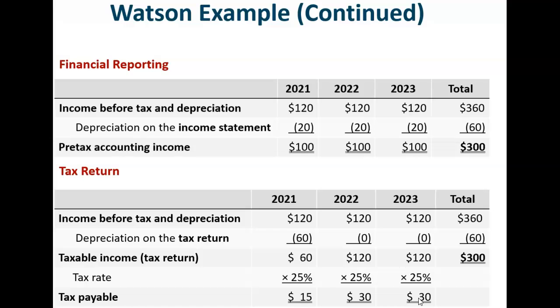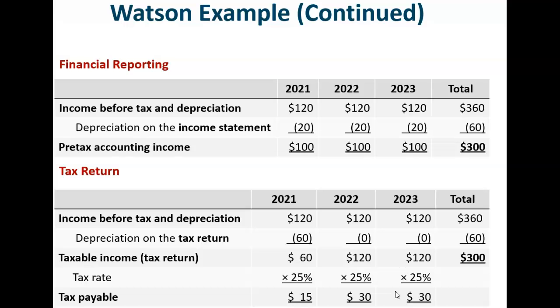However, that approach would not communicate to investors what Watson's current activities have resulted in future tax consequences. Investors might incorrectly think that Watson's low tax expense in 2021 and the resulting high net income will persist in the future.